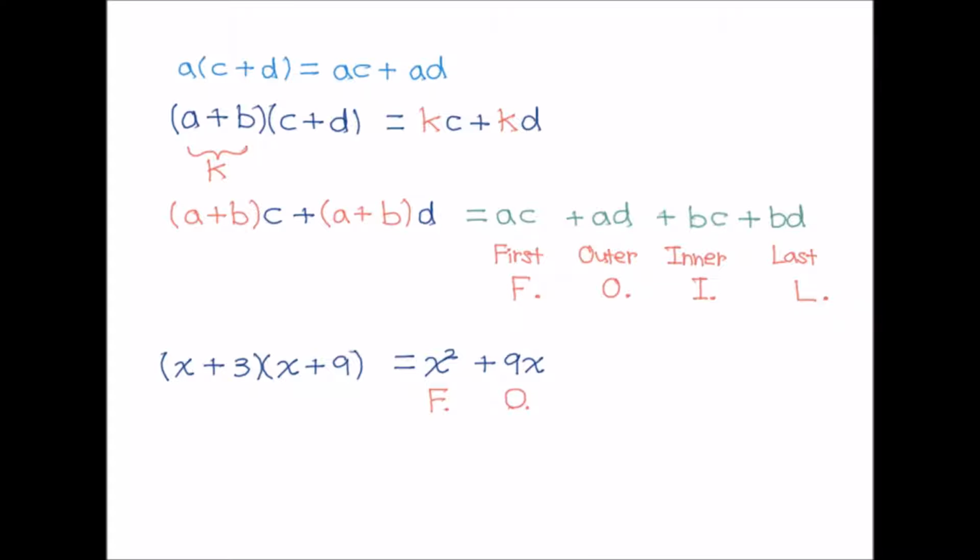Multiplying the innermost terms, 3 and x, we get 3x for our inner term. And lastly, multiplying our last terms of each binomial, 3 and 9, we get 27. And there our acronym appears: first, outer, inner, last, x² + 9x + 3x + 27. Combine the like terms 9x and 3x, and we get our simplified answer of x² + 12x + 27.